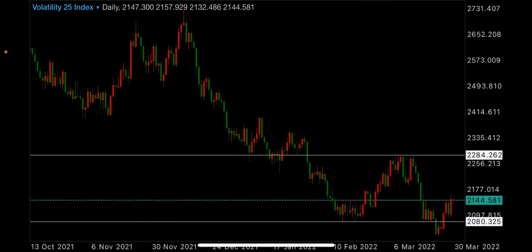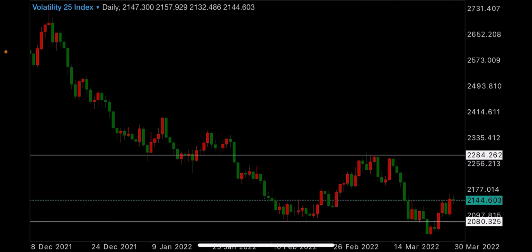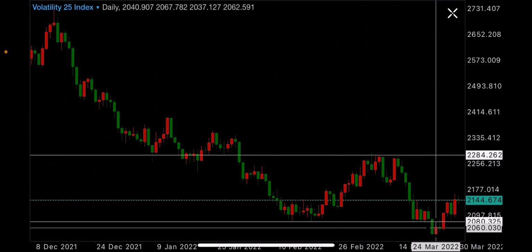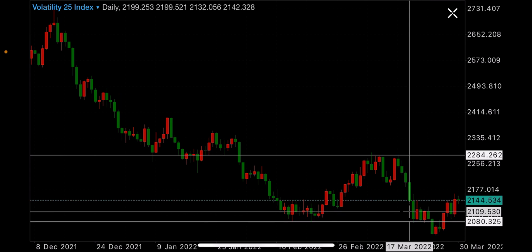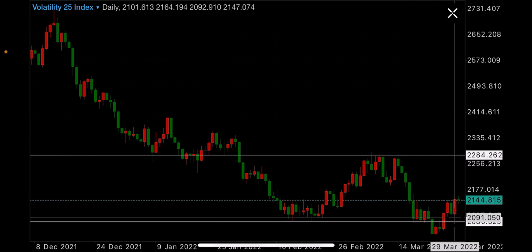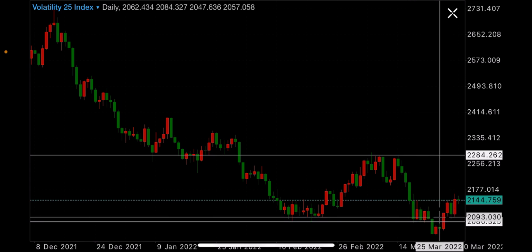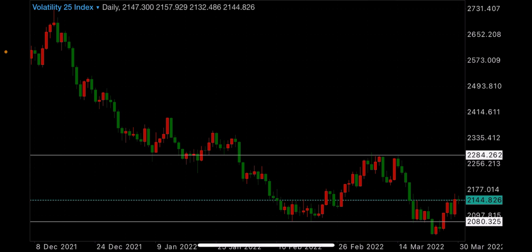So now you can see here again on this daily time frame we are having some sort of head and shoulders. This is the left shoulder and this is the right shoulder, and this is the head. So when we see this kind of pattern, we understand that it is time for the reversal.